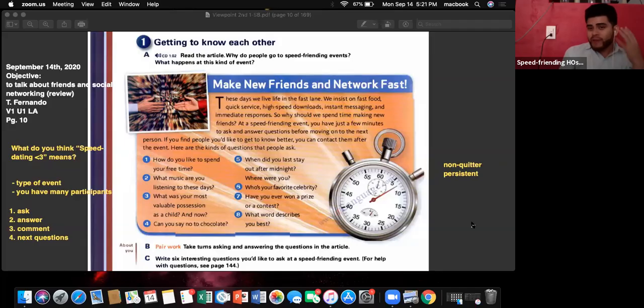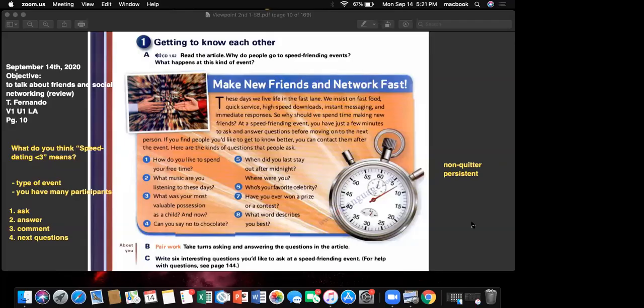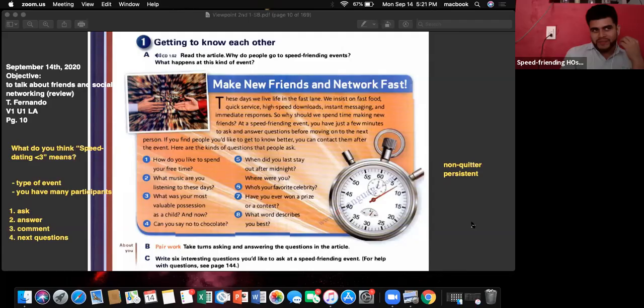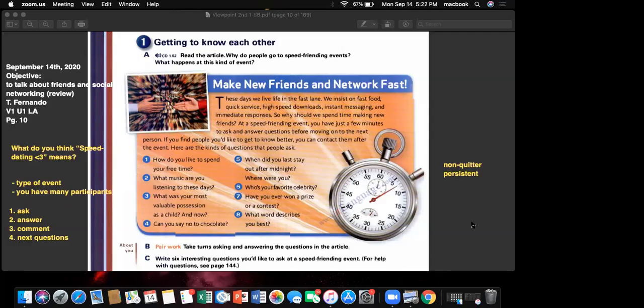Are you on the way to work or on the way home? I went to the centro to buy material, how do you say? Material, material para trabajar, yes. And I'm going to my job again.